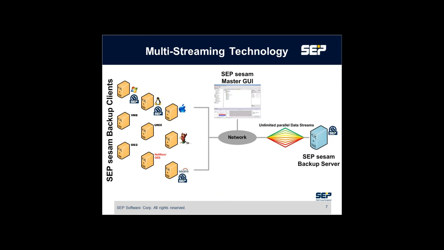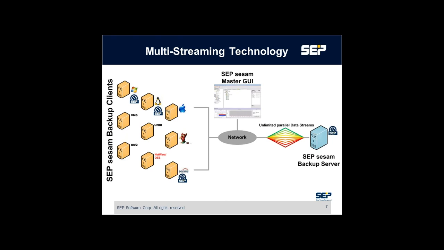Back to our second point, the multi-streaming technology. Like I said earlier, we can back up an unlimited number of streams of data. So those can be all for different servers. So we could have a stream running from 500 different servers all at the same time, or we can break those up into smaller tasks. So we could back up databases separately from other portions, whether it be file systems or virtual machines, snapshot images.